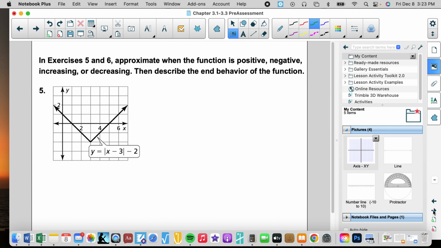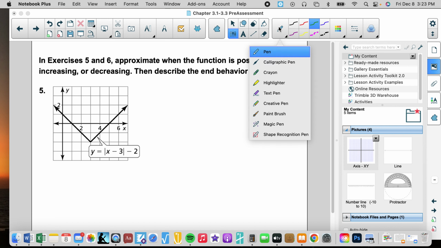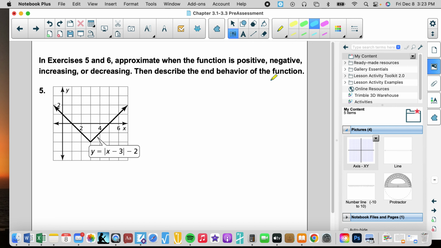Exercises 5 and 6 ask us to approximate when the function is positive, negative, increasing, or decreasing. Here we go. Let's deal with the positive first. Positive means when are the solutions of this graph positive?